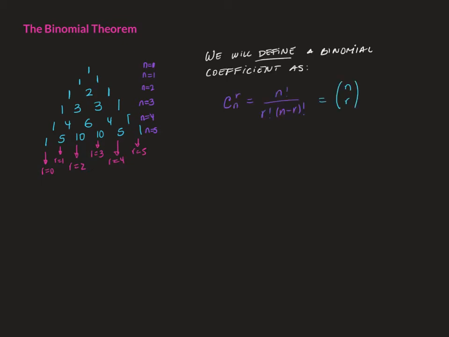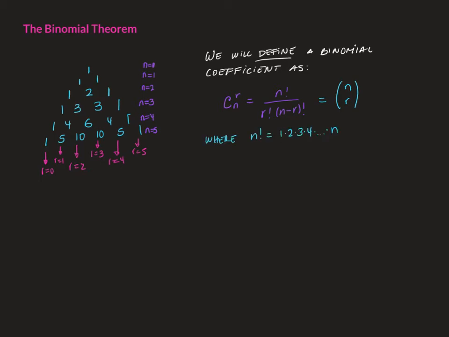We will define a binomial coefficient as the coefficient C(n, r) such that the top is n factorial divided by r factorial times (n minus r) factorial. At this point, I hope you are familiar with the definition of factorial.